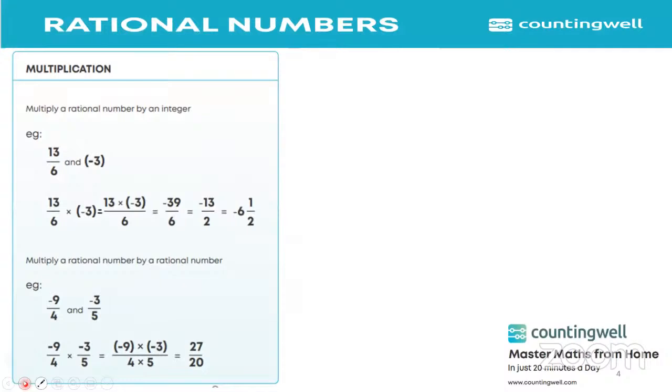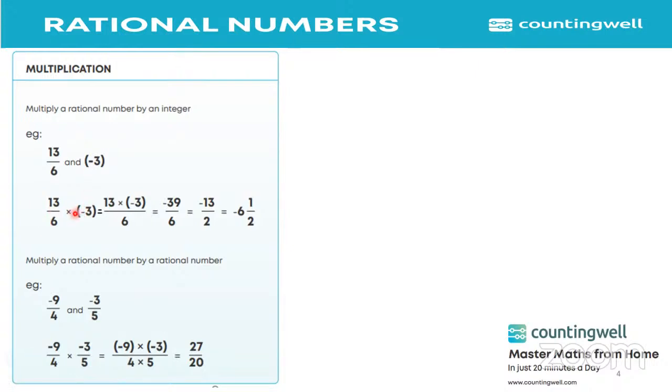Now let us see how to do multiplication for rational numbers. Here we are going to multiply a rational number by an integer. For example, we can take 13 by 6 and minus 3. Multiplication of rational number 13 by 6 and an integer minus 3 is shown here.